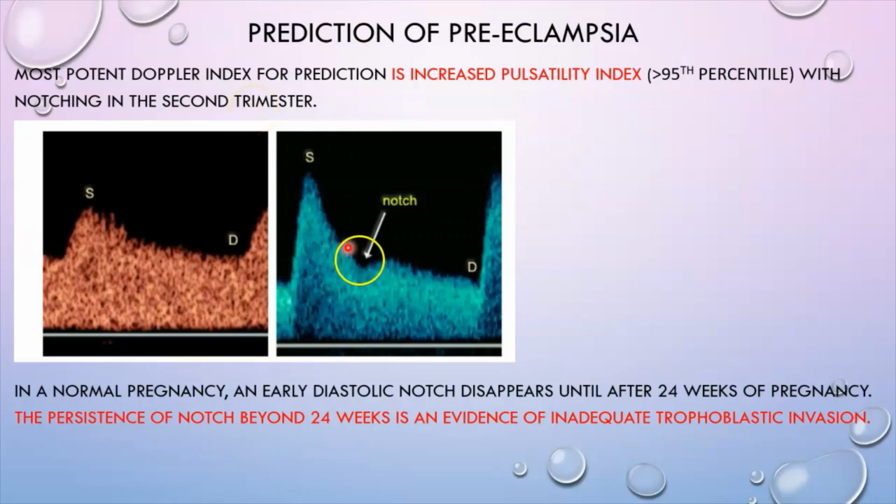As you can see in this picture, this is a systolic flow and this is a diastolic flow and there is a notch at the end of the systole. In a normal pregnancy, an early diastolic notch will disappear after 24 weeks of pregnancy. And the important thing is the persistence of the notch beyond 24 weeks is an evidence of inadequate trophoblastic invasion.